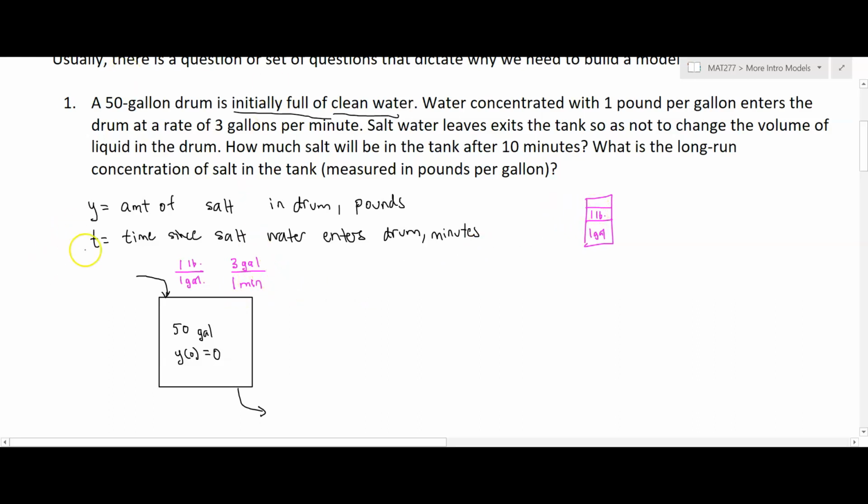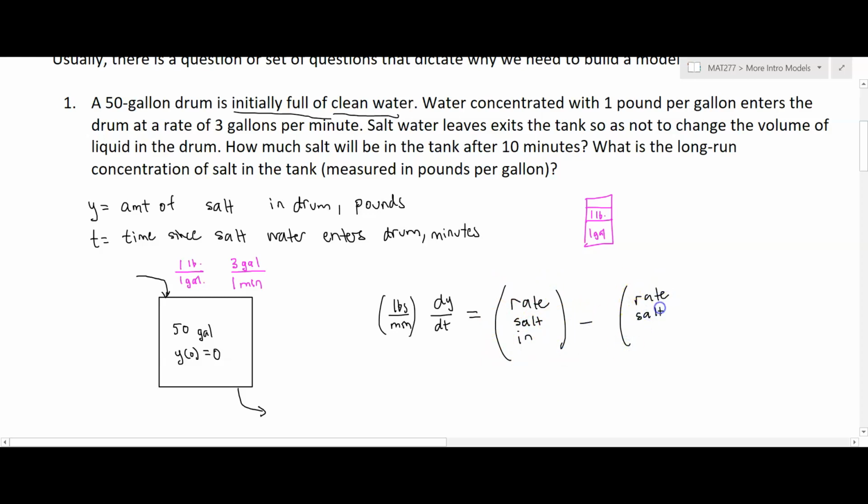Now, we do need to define these variables because dy/dt, its units are going to be in pounds per minute. So when I look at the net inflow rate, which is the rate in, or the rate of salt in, minus the rate at which salt runs out.